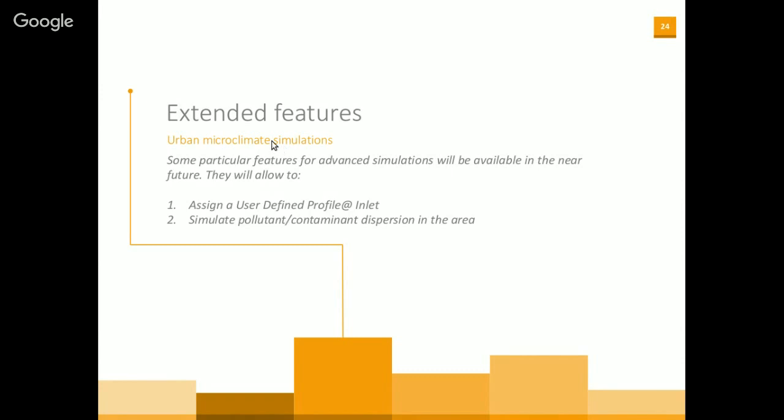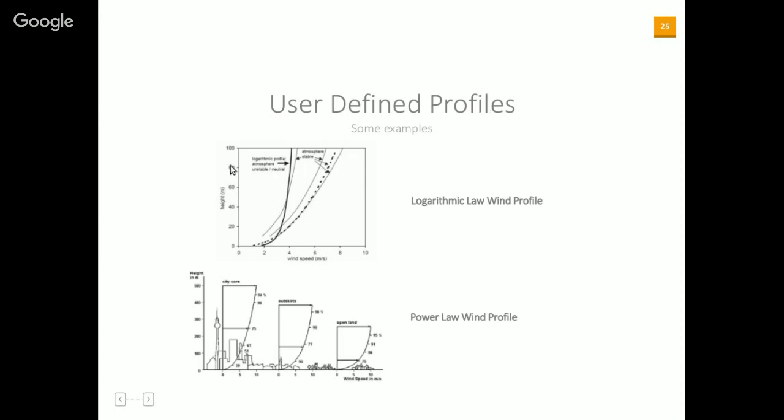For urban microclimate simulation, we are going to add very soon the possibility to use a user-defined profile at inlet, and also to simulate pollutant and contaminant dispersion in the area. So let's see what it means. First, user-defined profile. Typically in the literature, we have a logarithmic law wind profile, a power law wind profile.